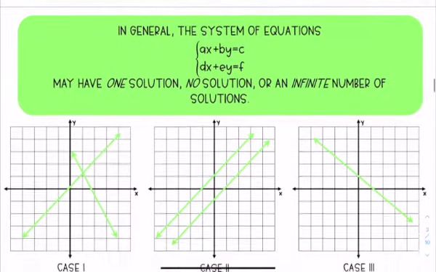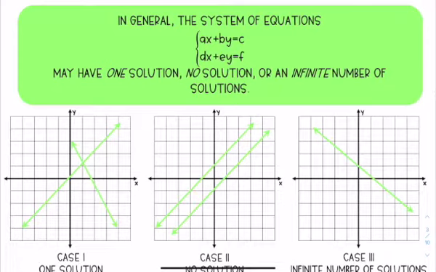So in general, the system of equations may have one solution, no solution, or an infinite number of solutions. And so we've looked at a bunch of case ones where we had one solution, and graphically it's where they intersect at that point. For case 2 with no solution, graphically what that means is that the lines never intersect.